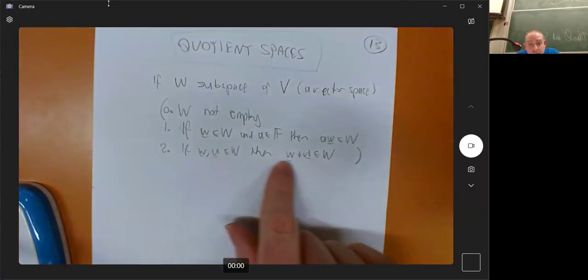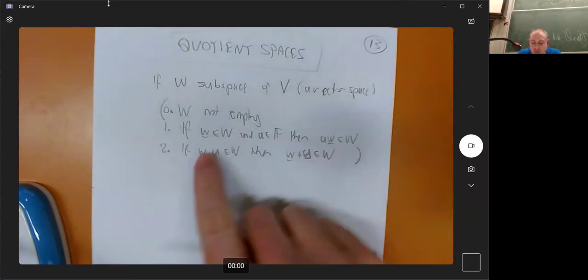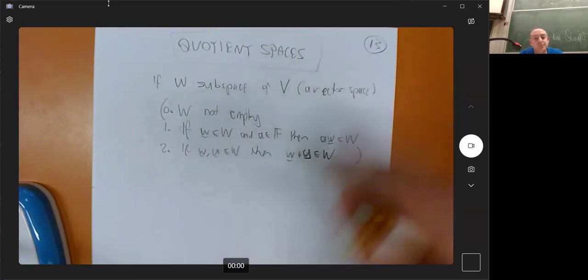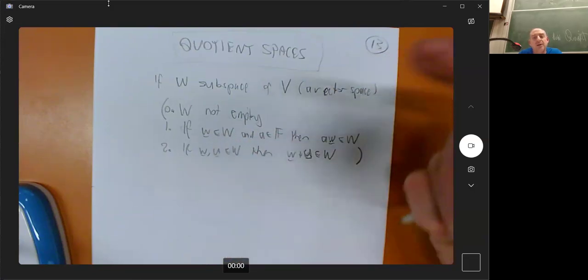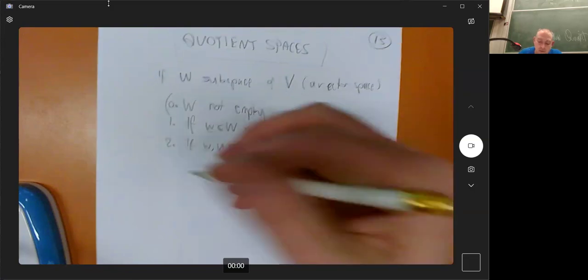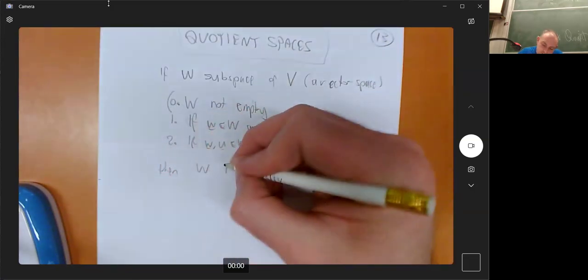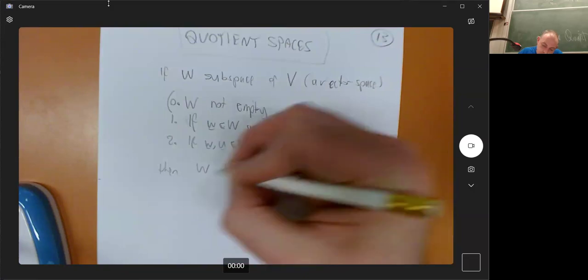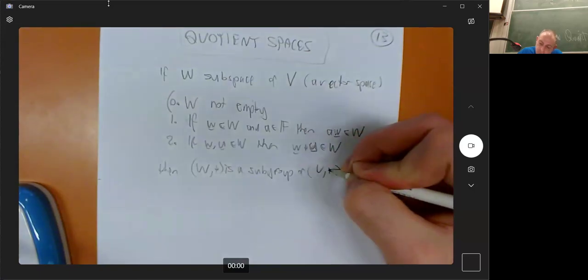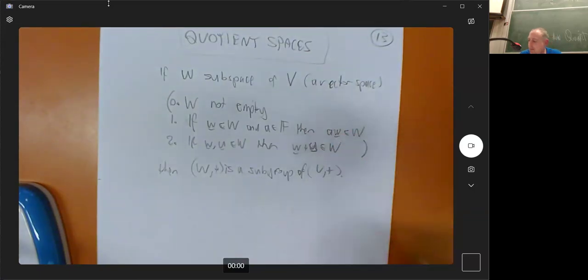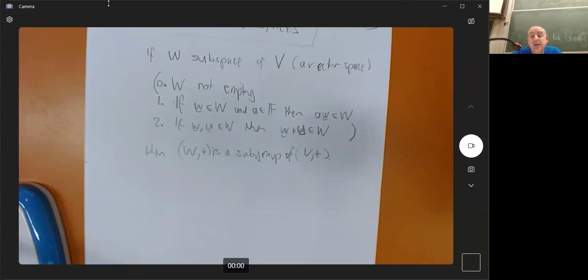Okay, so back again. This rule here, being closed under addition, if you're looking at just the addition, causes it to be a subgroup under addition. W plus is a subgroup of V plus, which means it has a quotient group. And the quotient group is all of the cosets.